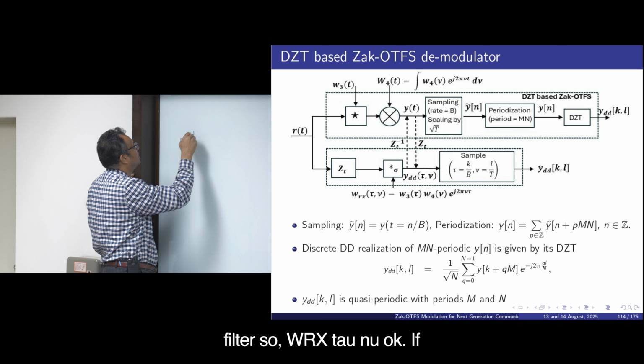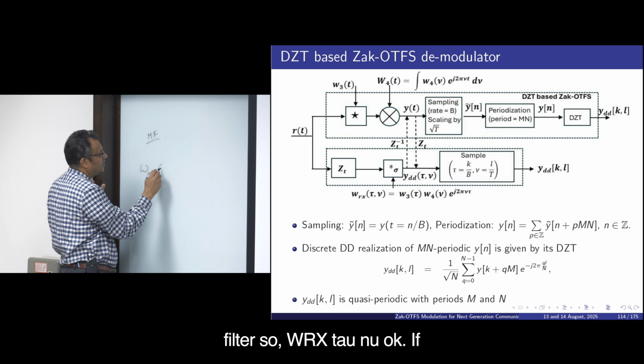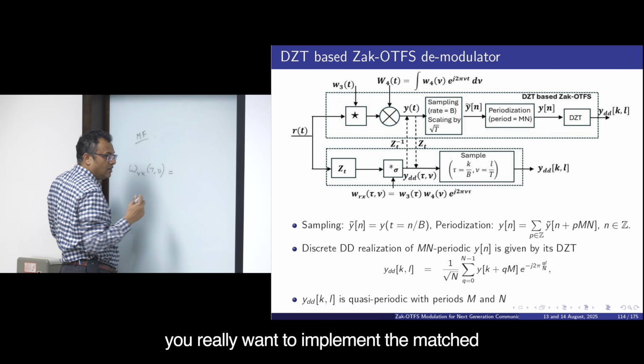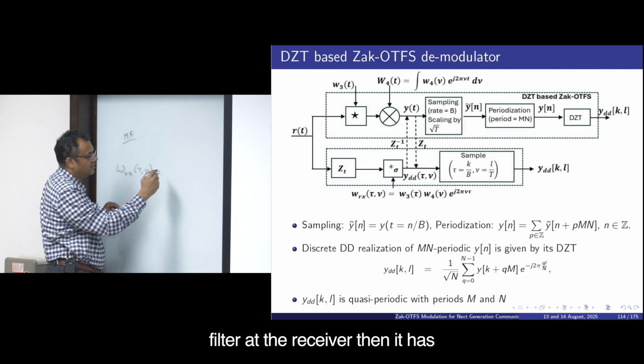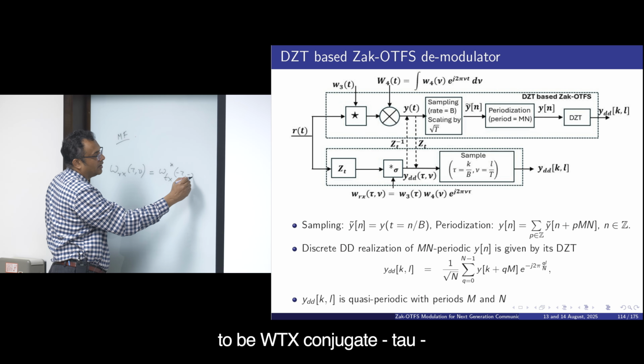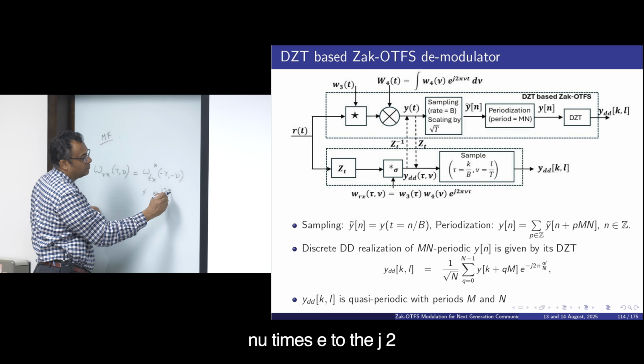So, matched filter. W_RX(tau, nu), okay. If you really want to implement the matched filter at the receiver, then it has to be W_TX conjugate of (minus tau, minus nu) times e to the j 2 pi nu tau.